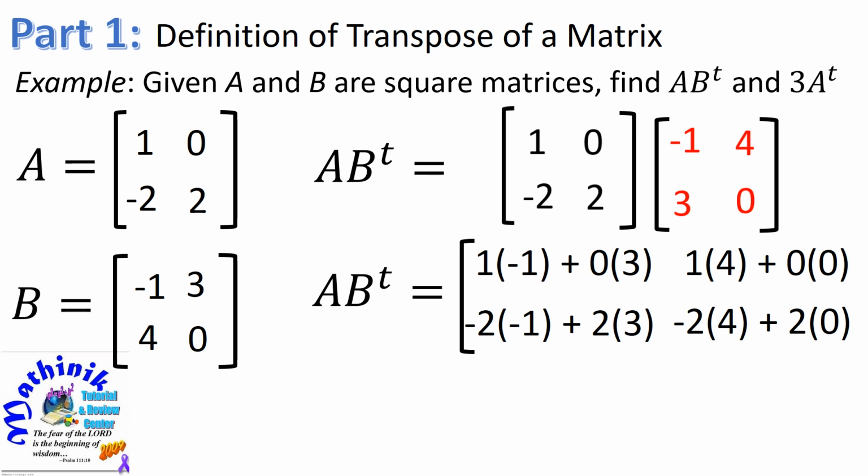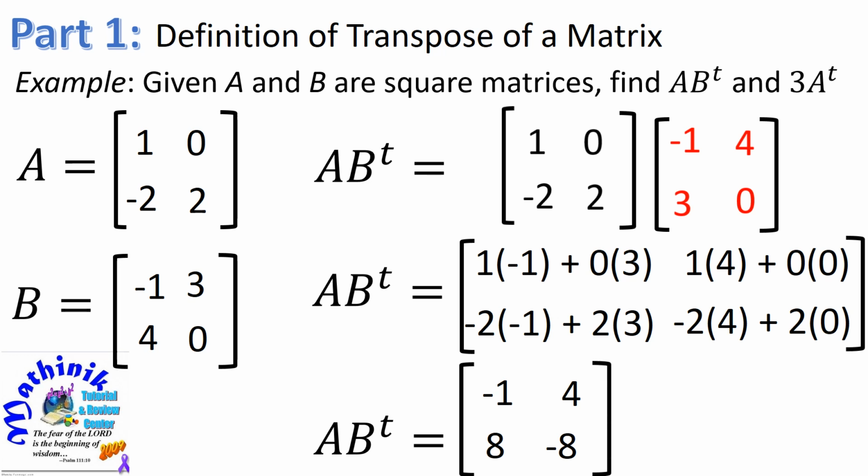And then the last element, that will be negative 2 times 4 plus 2 times 0. That is the second row of A times the second column of B transpose. So in the product, A times B transpose is a square matrix with negative 1, 4 on the first row, 8, negative 8 on the second row.